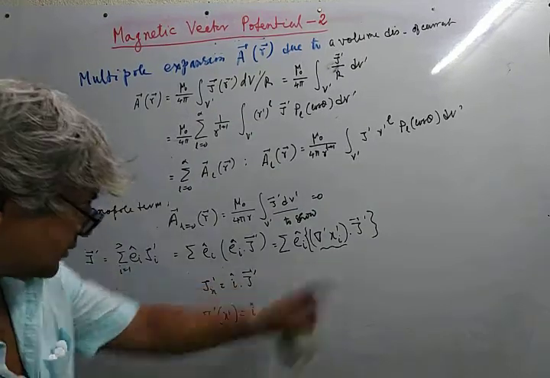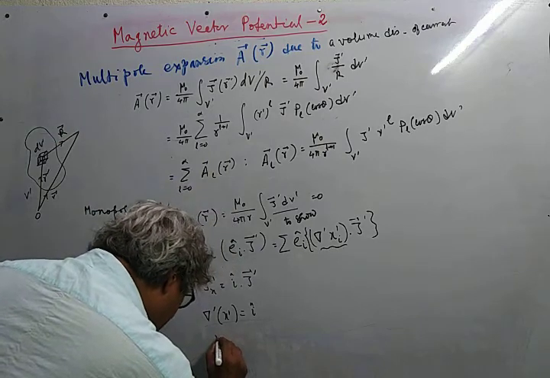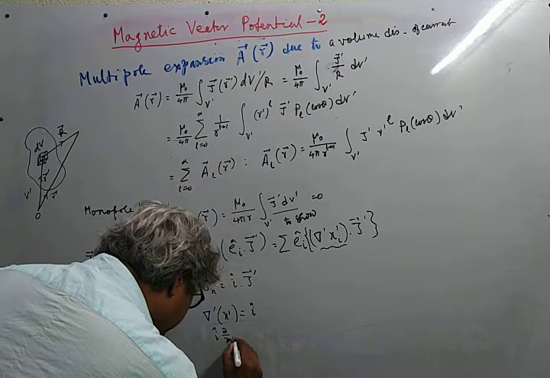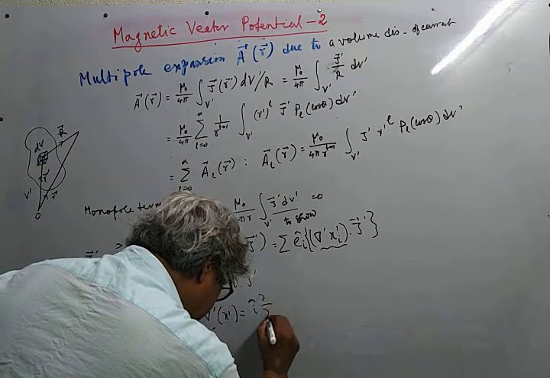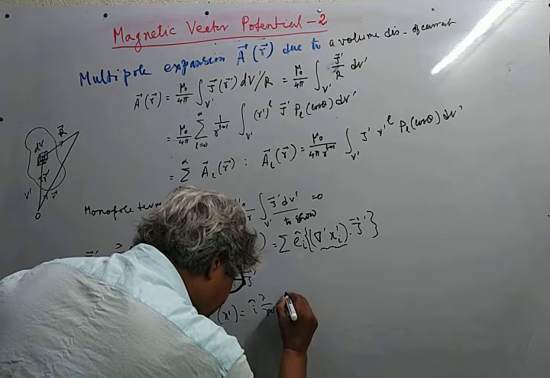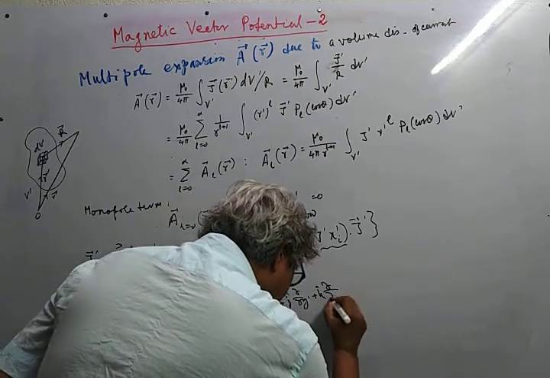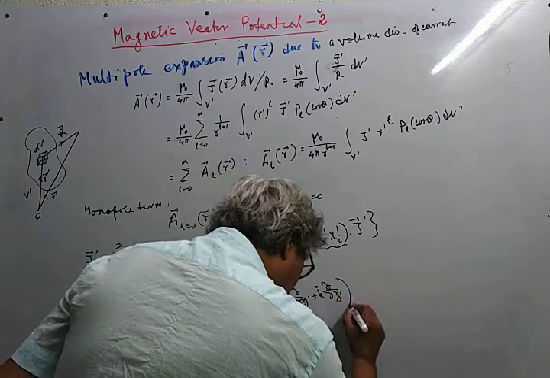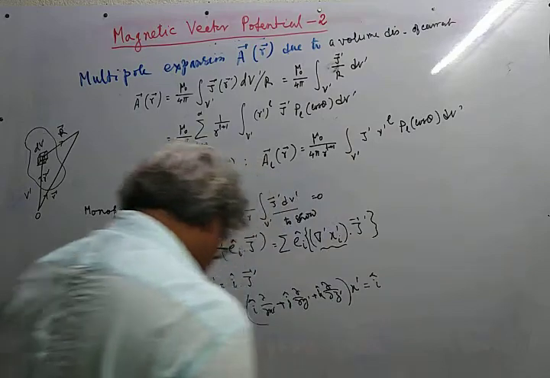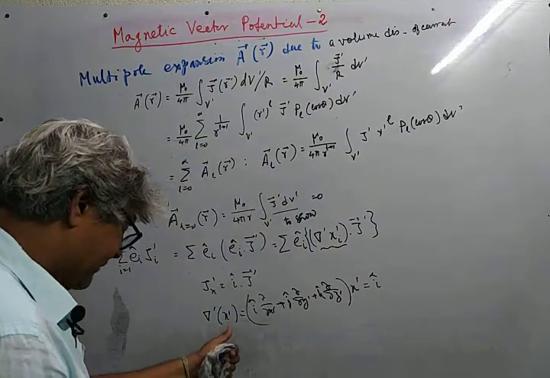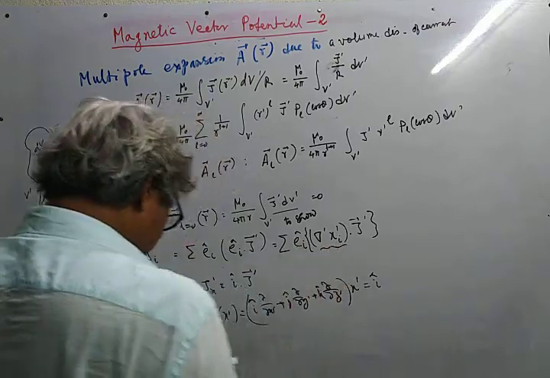This is the concept that has been used. Let me explain it. This is i cap del x prime plus j cap del y prime plus k cap del z prime operating on x prime. So this is simply i cap. Similarly, when nabla prime operates on y prime, it gives you j cap. That is what we have used here.